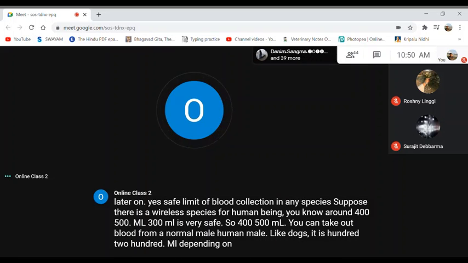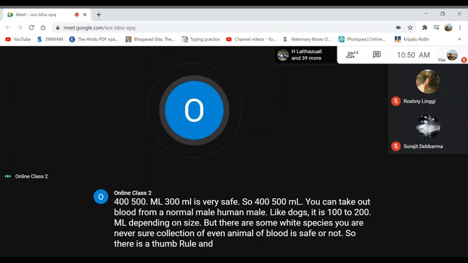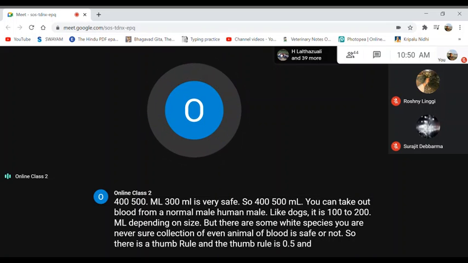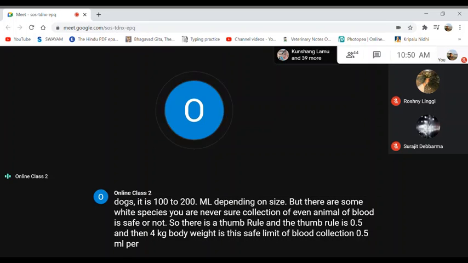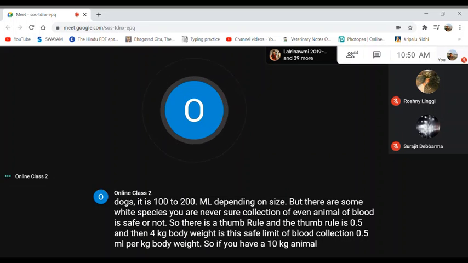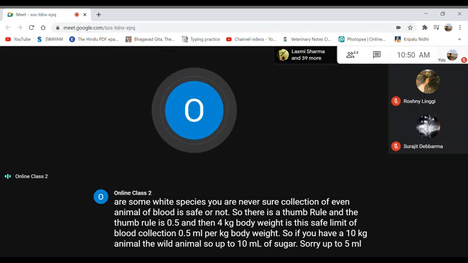But there are some wild species where you are never sure whether collection of even 10 ml of blood is safe or not. So there is a thumb rule, and that thumb rule is 0.5 ml per kg body weight is the safe limit of blood collection. So if you have a 10 kg wild animal, up to 5 ml is of no danger.